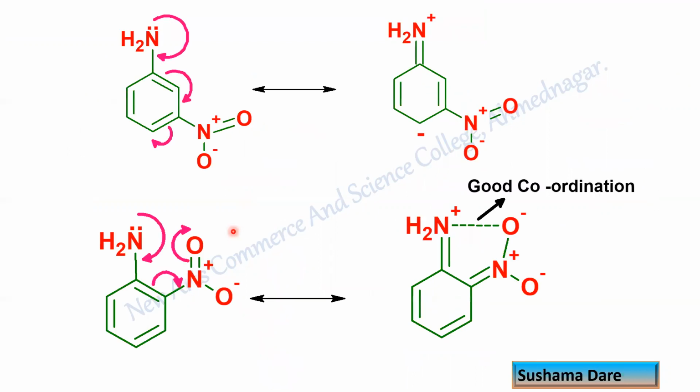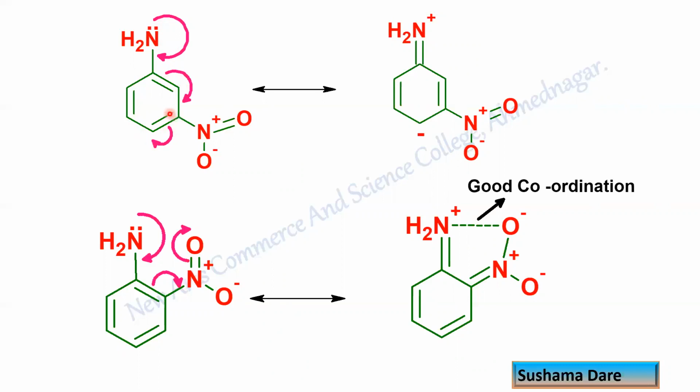Now let us discuss metanitroaniline. Look here, in metanitroaniline, the NO2 group is not involved in resonance. Only the double bond of the phenyl ring is involved in resonance, so the electron pair present on this nitrogen atom gets delocalized only through the phenyl ring.